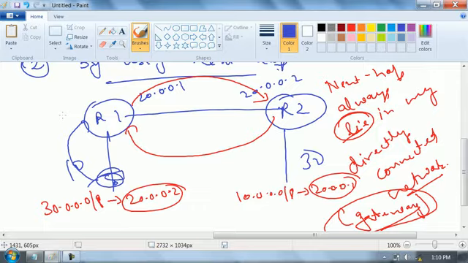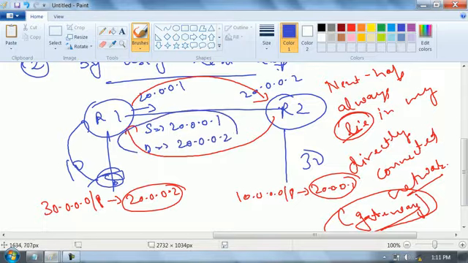It means this time when R1 generates ARP, source IP will be 20.0.0.1 and destination IP will be 20.0.0.2, because this time R1 knows its next hop. In the previous case, R1 did not know the next hop. This thing is clear? So this is the difference.